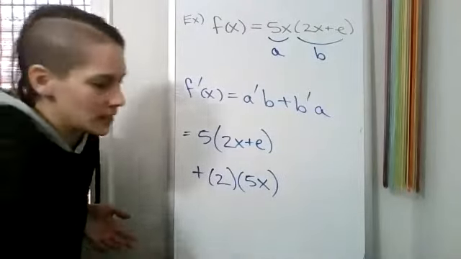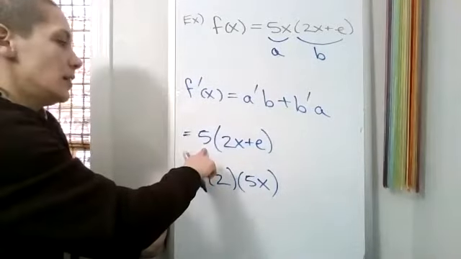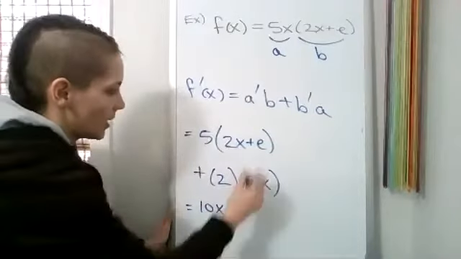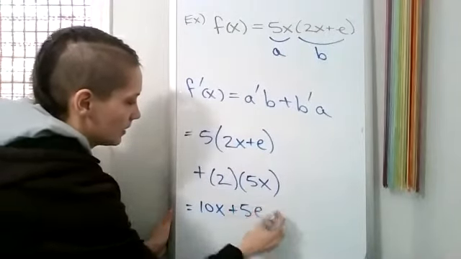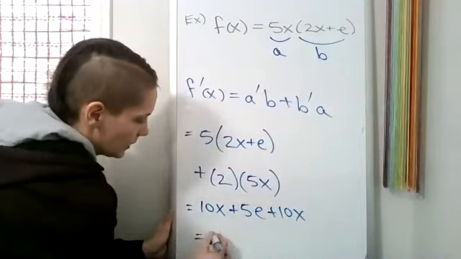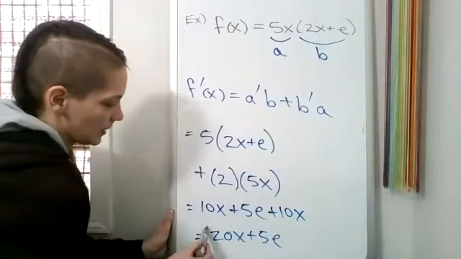Well, you know what? We can make this look a little better. Let's go a little further. So 10x, add 5e, plus 10x. Cool. All right, I got 20x plus 5e. That looks nice enough.